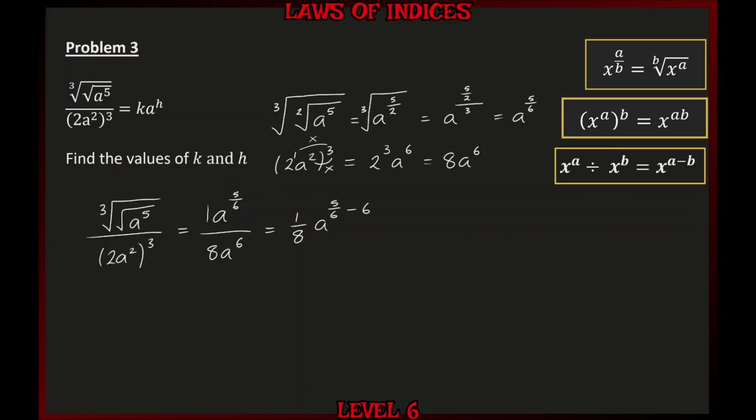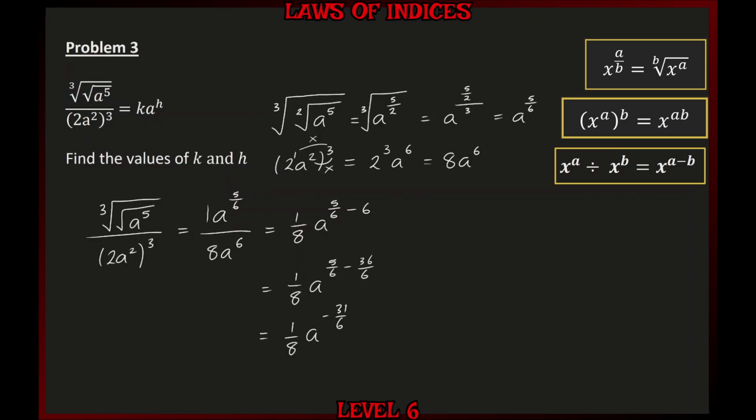In order to subtract 6 from 5 over 6, we're going to write each of these with a common denominator. So we have 1/8 a to the power of 5 over 6 minus 36 over 6. Subtracting these numbers gives us 1/8 a to the power of minus 31 over 6.